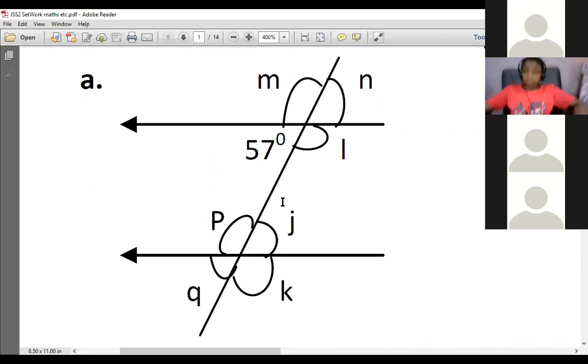Please be taking notes because the whole lesson is ending in the next 2 minutes. So J is equal to 57 equal to Q, vertically opposite angles. Be taking notes. J is equal to Q because they are vertically opposite angles.